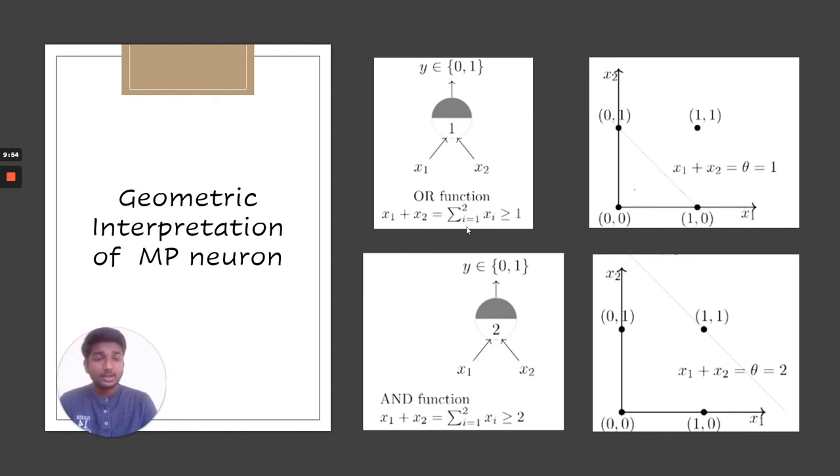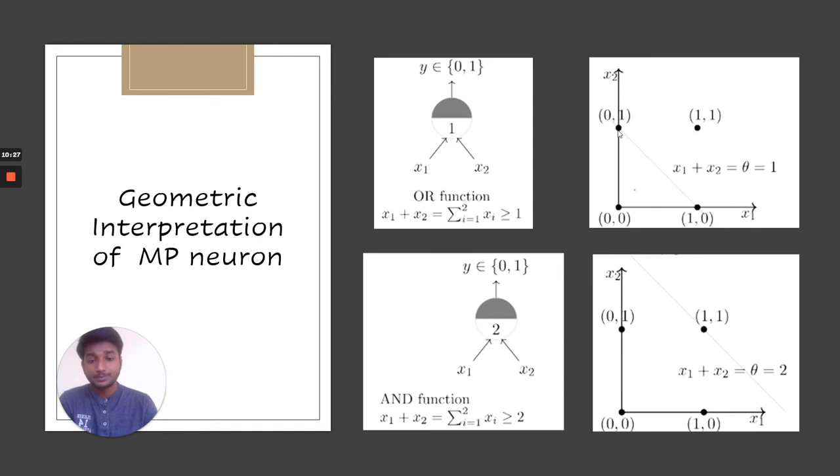So the representation will be like this: the line which passes through (0,1) and (1,0). The values below this line will have the output value as 0, and the values which lie on the line and above the line will have the output as 1.